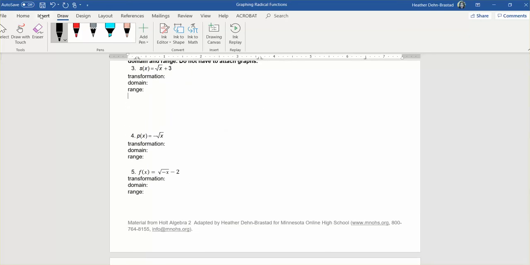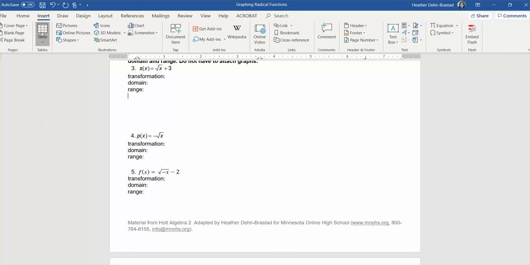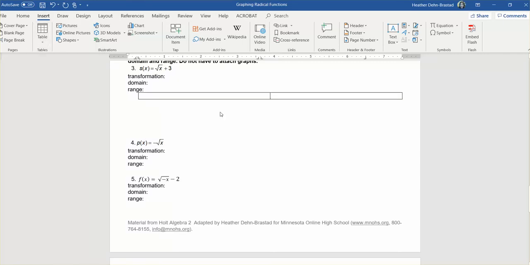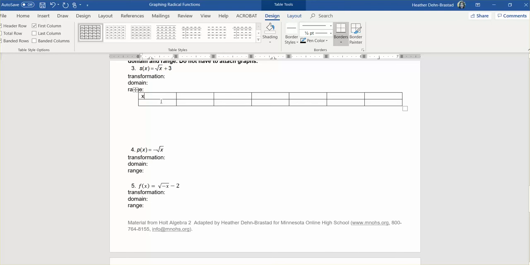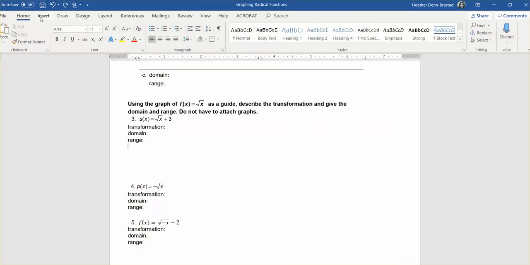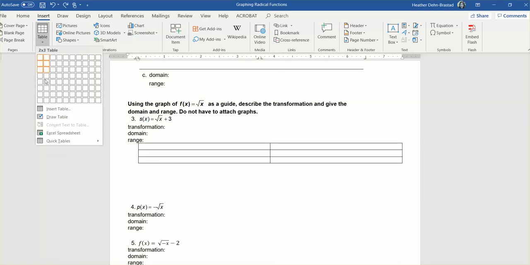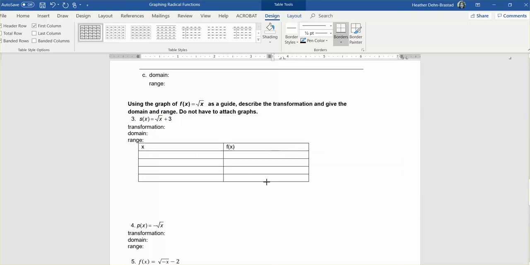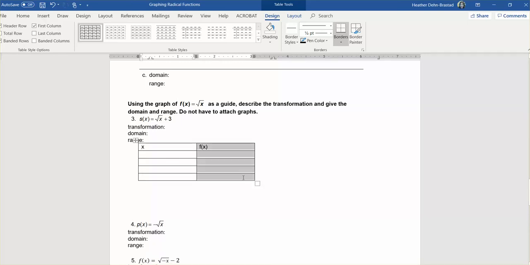Okay, so I'm going to insert a table so I can get some points so I can practice. All right, so I need some x. Oh, I could have made my table the same way as theirs, I guess. Okay, so you want some x values and some f of x values, and I'll add one more row here.